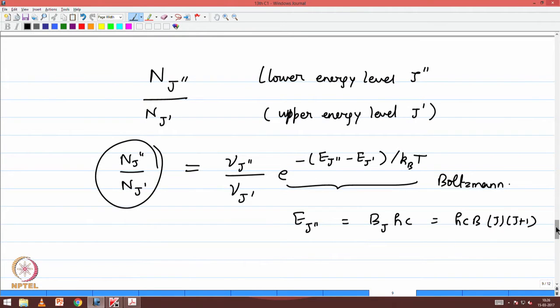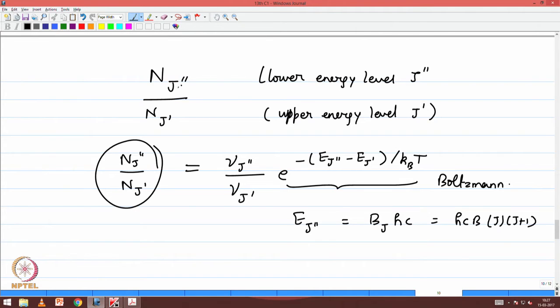If you recall the previous lecture, we left at a point when we were looking at the intensities of the diatomic molecular microwave spectrum and the ratio of the number of molecules in a given energy state to the excited state, or the ground state to the excited. Here it is a ground state to the excited state.